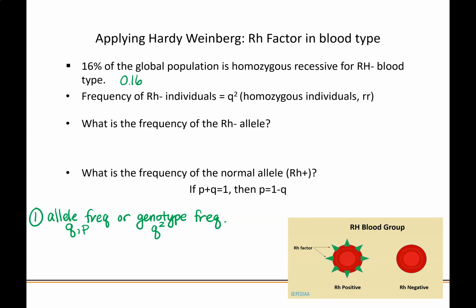That one you could go either way, but you have to read the problem carefully. In this case, you are being given a phenotype. You are being told that individuals are Rh negative. This is an observable phenotype.